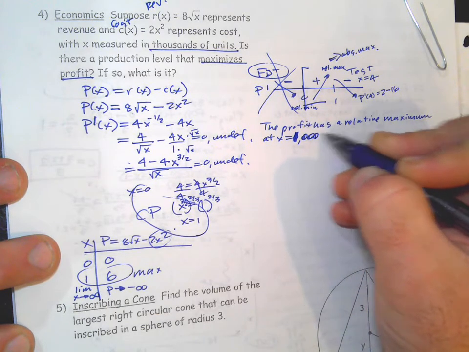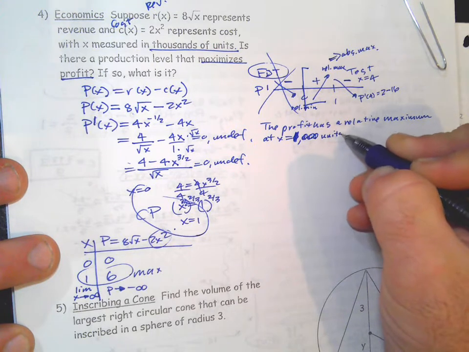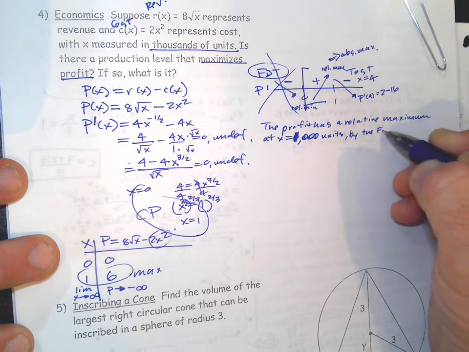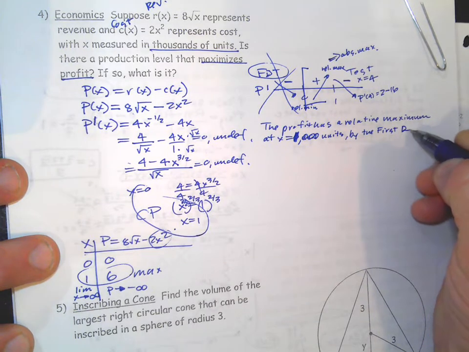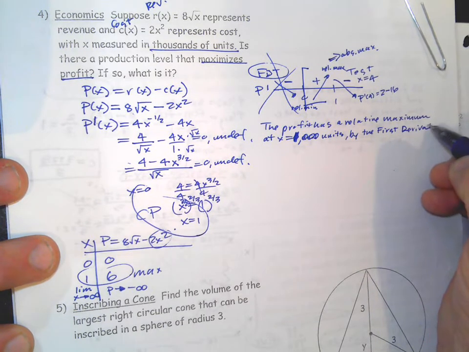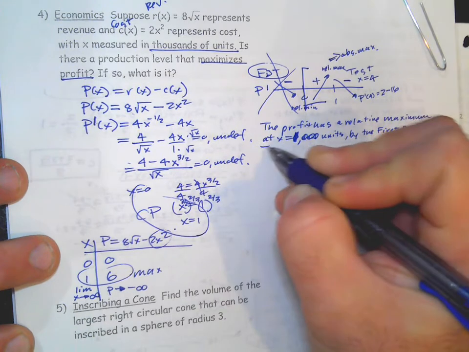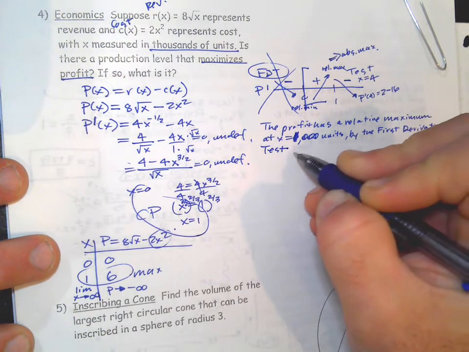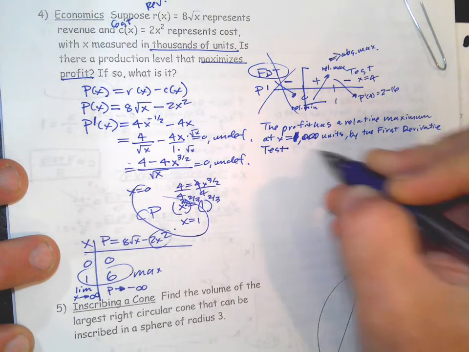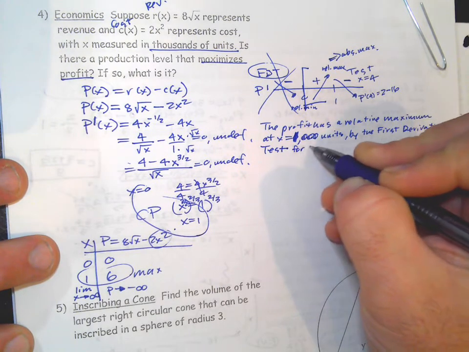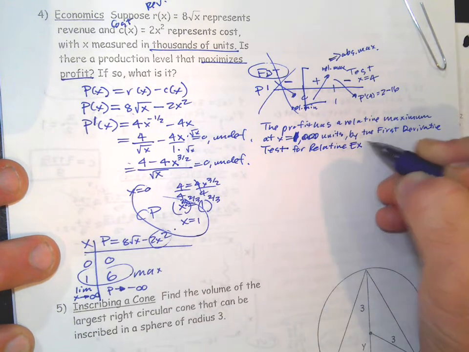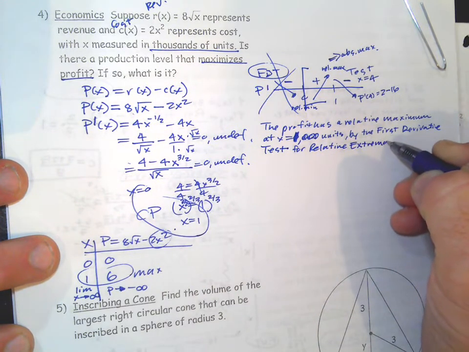By the way, 1,000 units. By the first derivative test for relative extrema. You shouldn't abbreviate these. You shouldn't use initials. First derivative test for relative extrema. And then you got to explain how it did that.